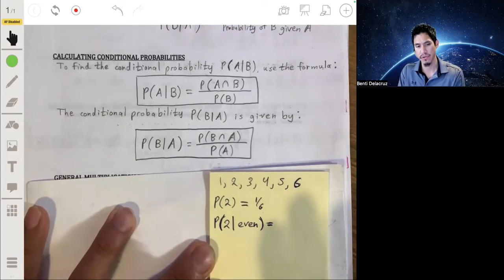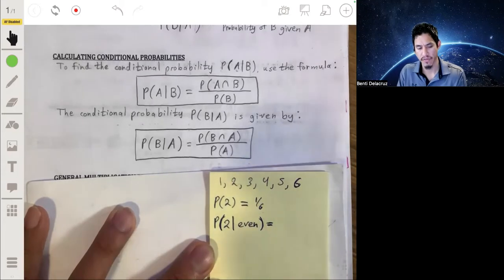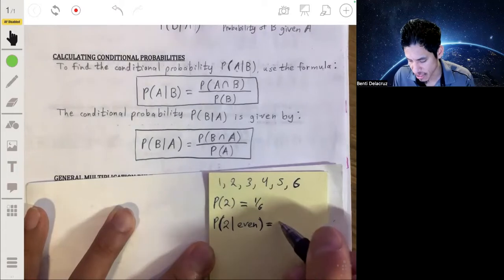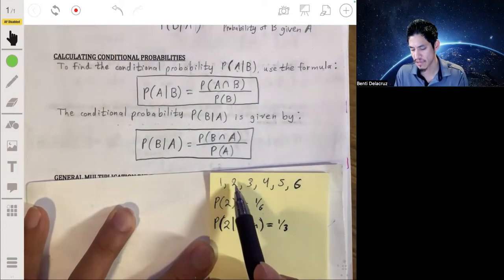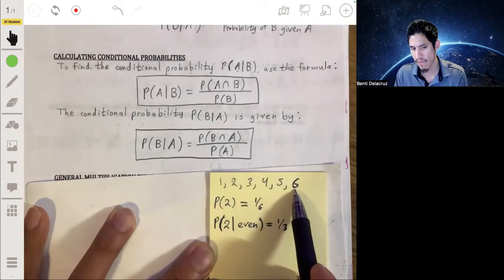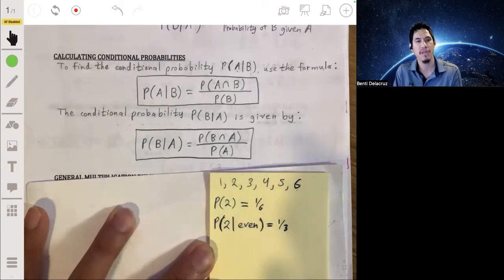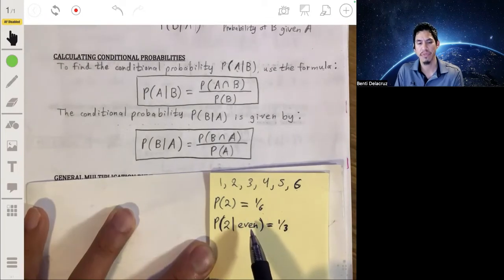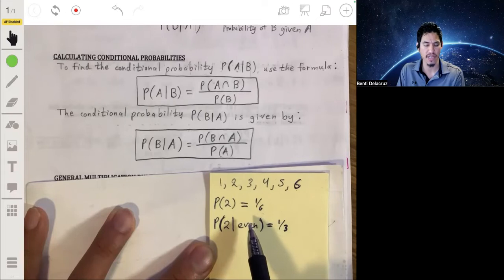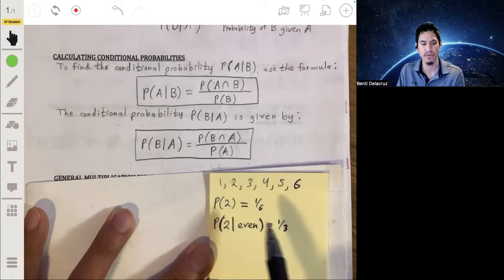If you figured out 1 out of 3, then you'd be right, because if it's an even number, that means it's either 2, 4, or 6. So being given some information affected your answer. It gave you a different answer than just finding the probability of 2.